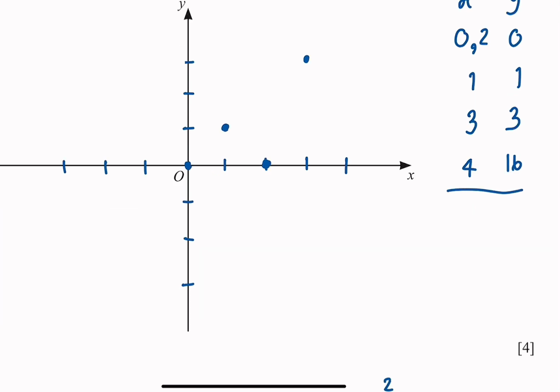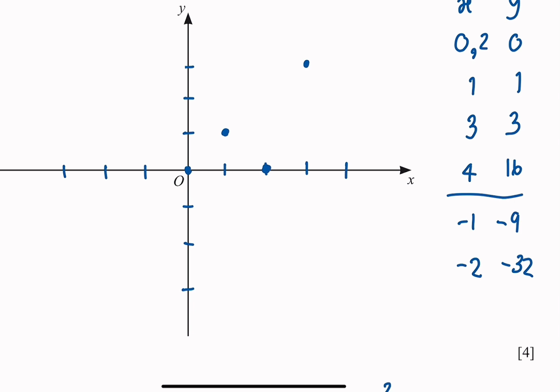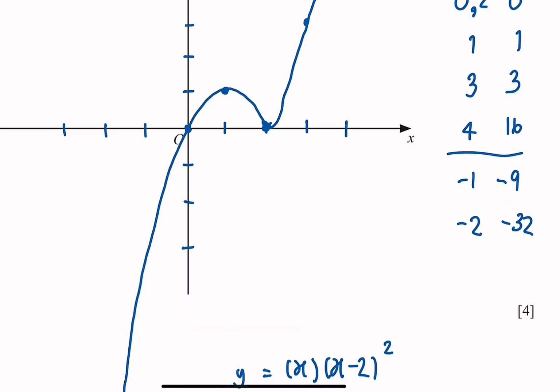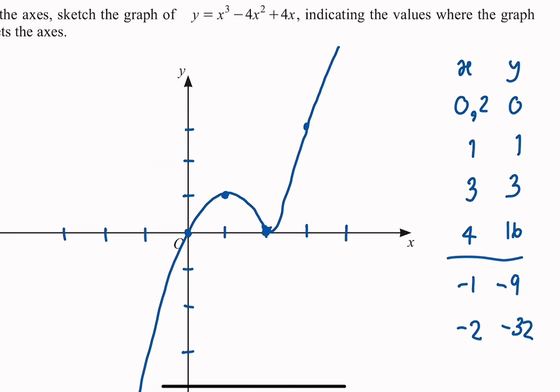If x is equal to minus 1, y will be equal to minus 9. And if x is minus 2, y will be equal to minus 32. Therefore, your graph will look like this. Like this.